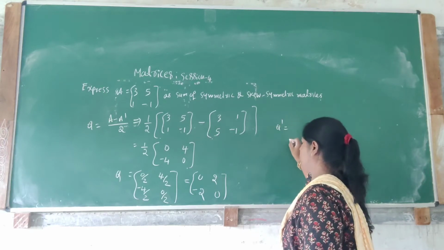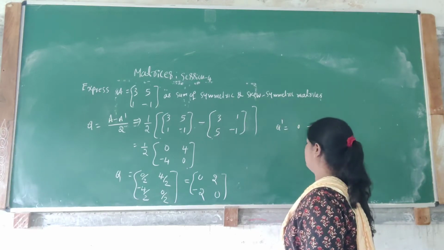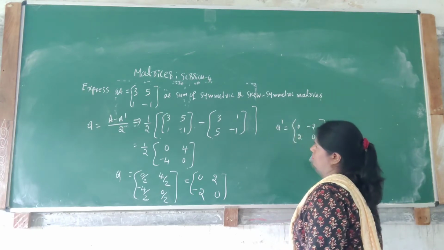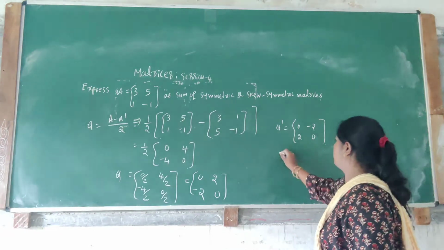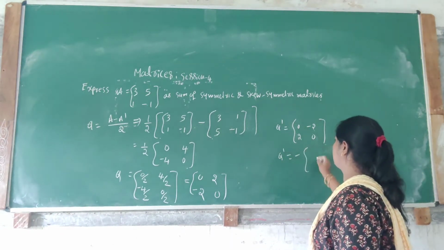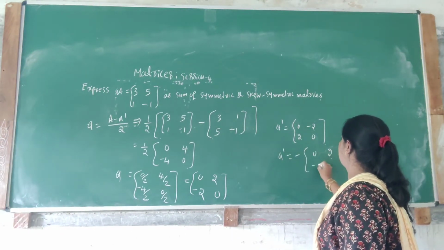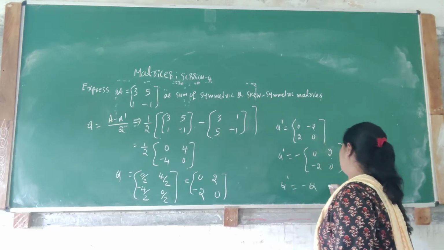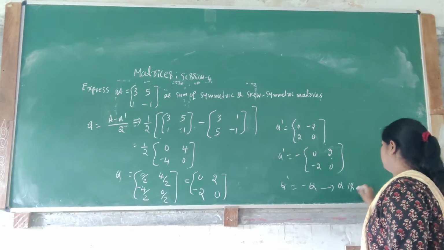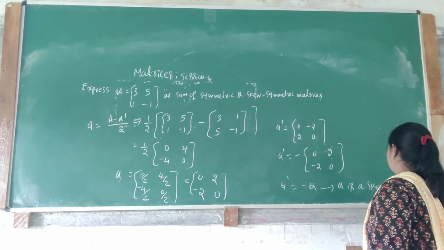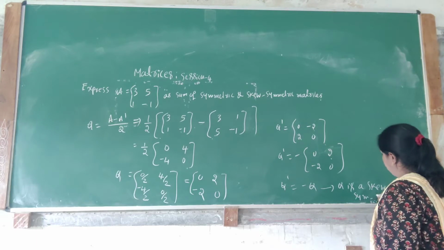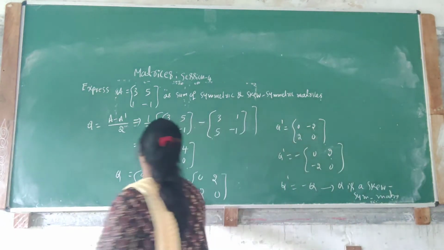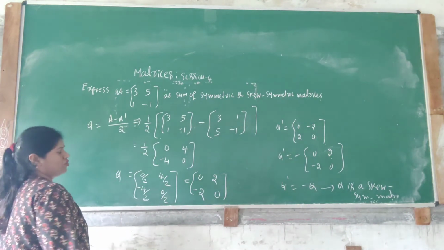Q dash equals 0, minus 2, 2, 0. Taking minus as common, 0, 2, minus 2, 0. So Q is a skew symmetric matrix, so this condition is satisfied. Q equals 0, 2, minus 2, 0.